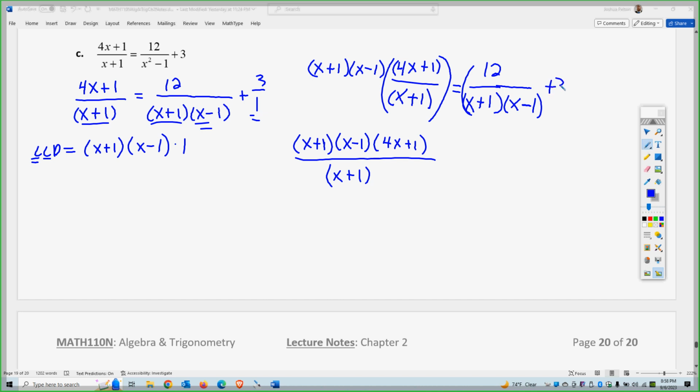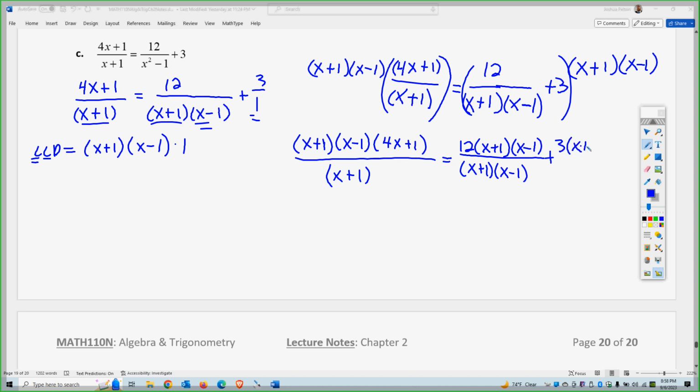Plus 3, x plus 1, x minus 1. There we go. All right, so equals 12 x plus 1, x minus 1 over x plus 1, x minus 1 plus 3, x plus 1, x minus 1.